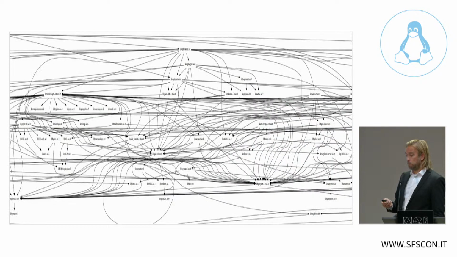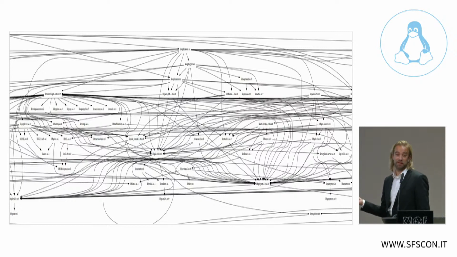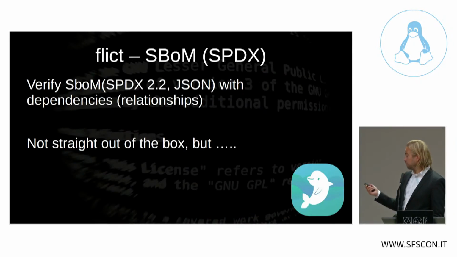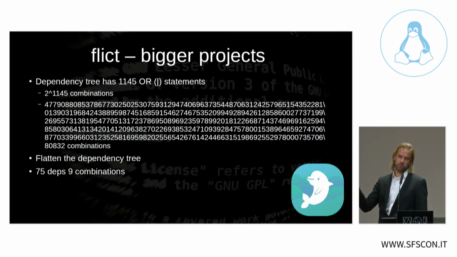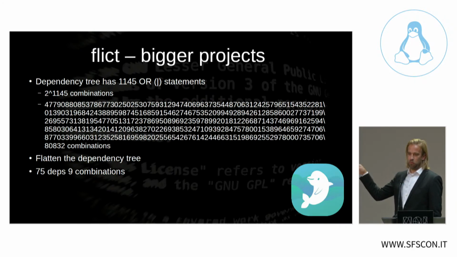Looking at a big project like Epiphany, here's the dependency graph for Epiphany. This is not something you want to work with, but Flick can handle this. Better than I can, at least. The funny thing is when checking this dependency and when doing relicensing from GPL2 or later to GPL3 or later, etc., we end up with a couple of combinations that would require a bit of CPU to calculate.